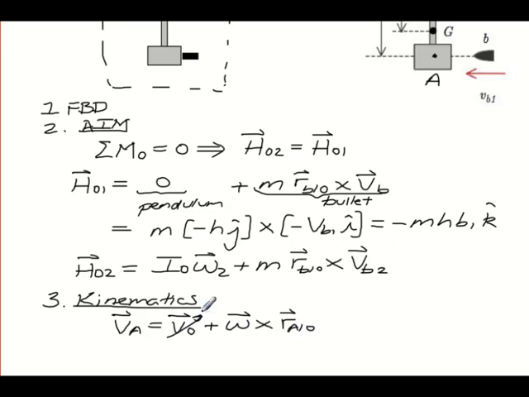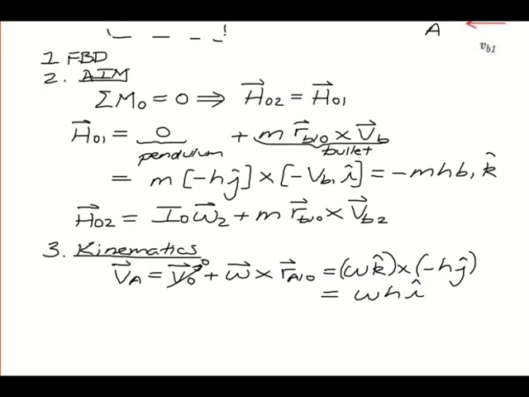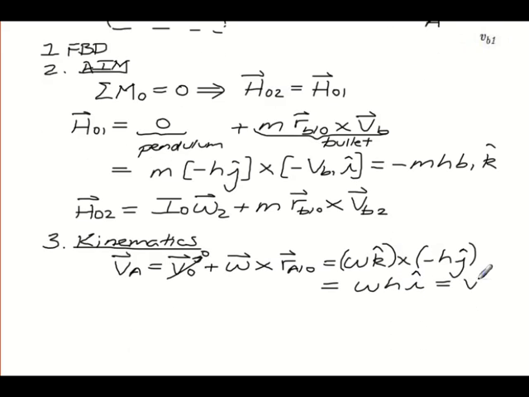O is a fixed point, so this is omega k crossed with the distance that was h, that's minus h j. So what we have here is a plus omega h in the i. So this is the velocity of the bullet at time 2.